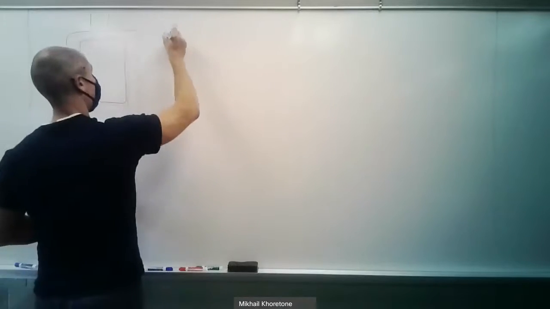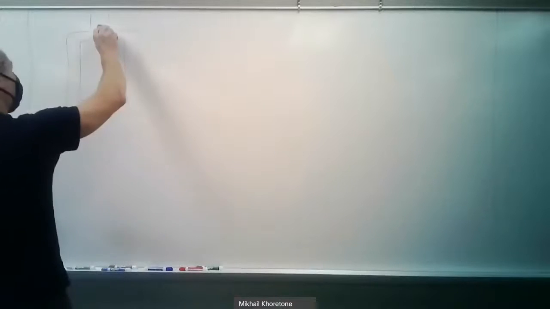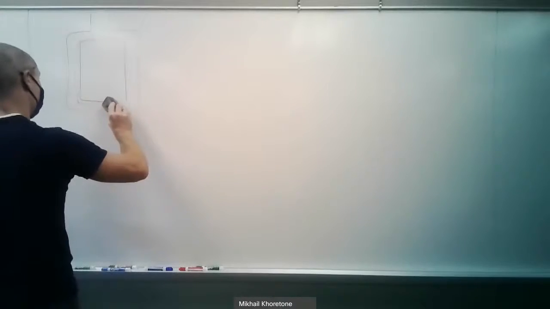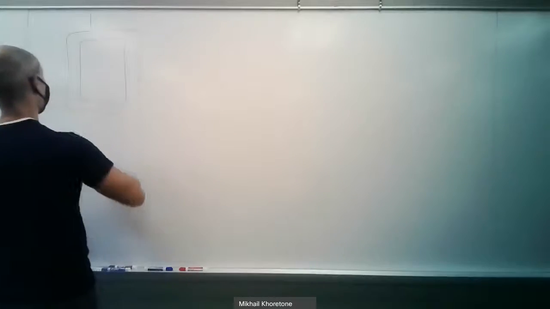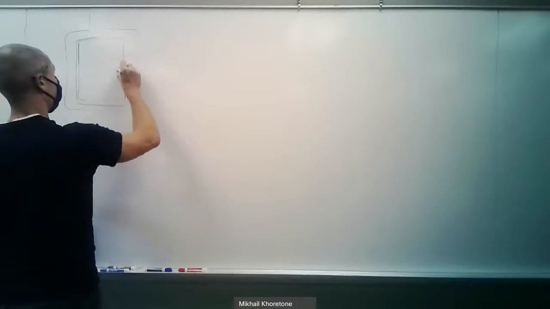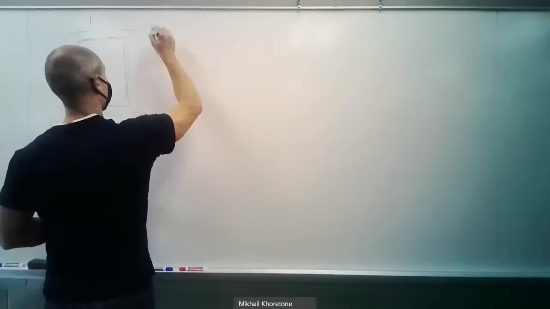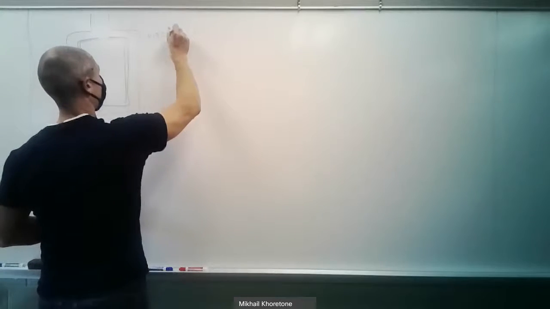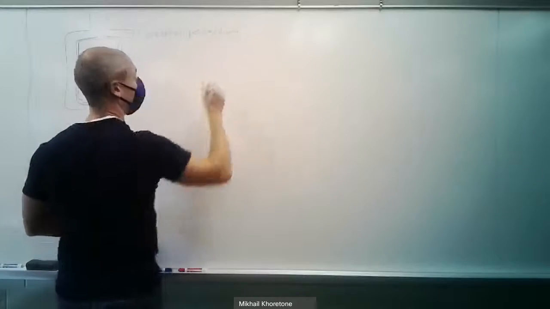So I'm going to change the color. I'm going to use that. So that's visceral pericardium. Okay. Now, visceral pericardium is continuous with a parietal pericardium that lines the walls of the cavity.